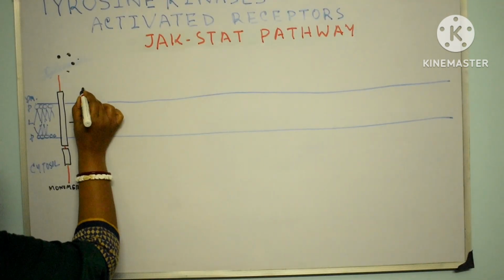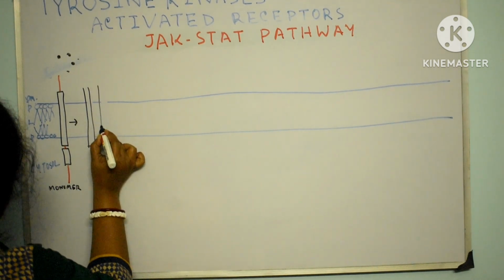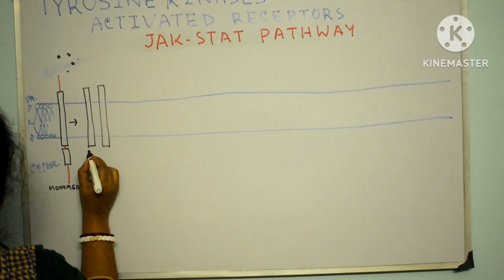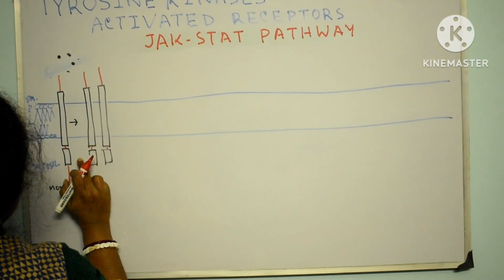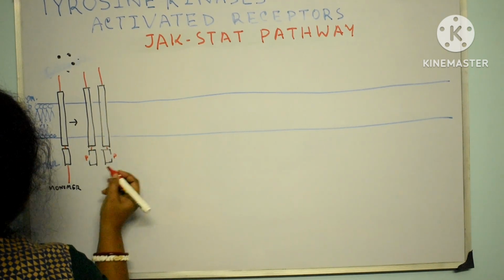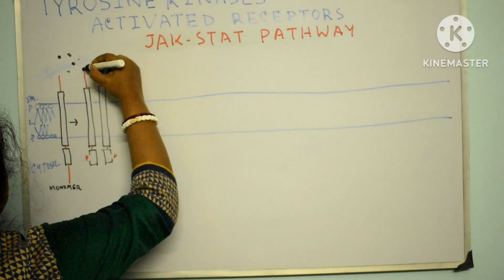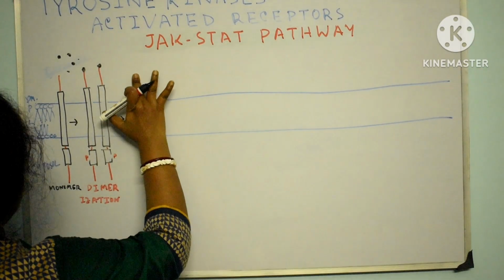The ligand is coming and a dimer will form. Here phosphorylated, phosphorylated, okay, and the ligand is bound here. Dimerization.